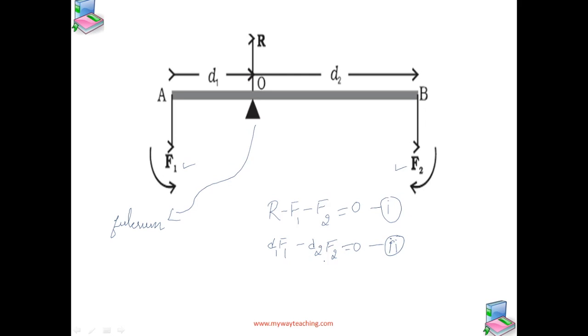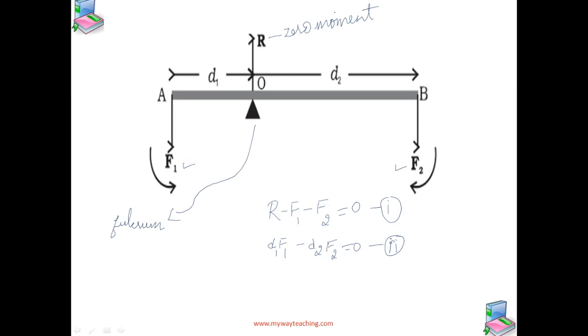Normally the anti-clockwise moments are taken to be positive, or vice versa, not a problem. R acts at the fulcrum itself, so it has zero moment about the fulcrum. There is no distance, so it is 0.